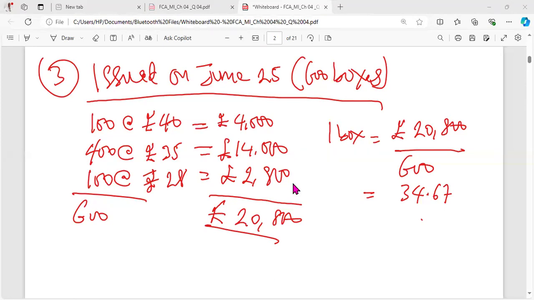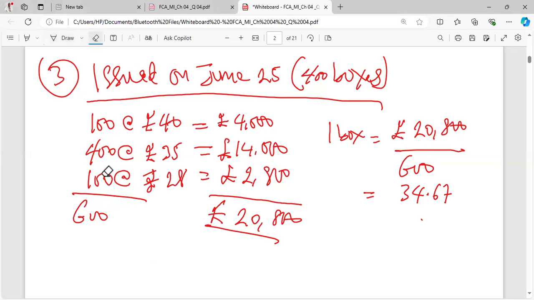So we will have to redo this issue on June 25th. It is 400 that was issued out and not 600. So we took 100 at 40 naira or $40.